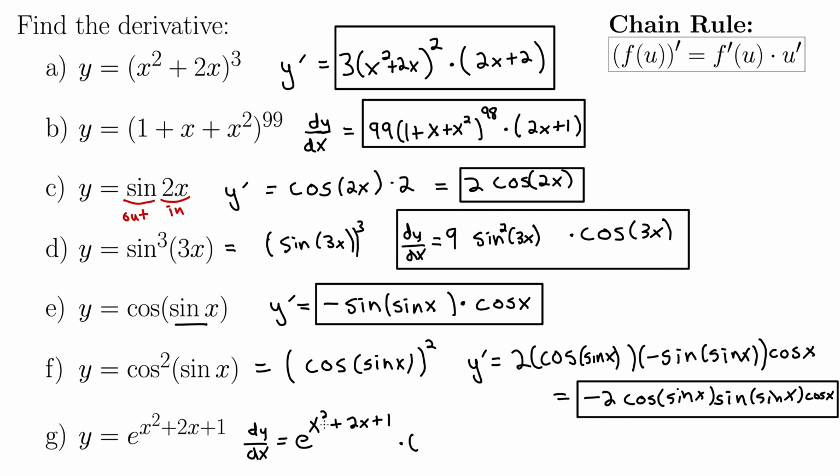The derivative of x squared plus 2x plus 1 is 2x plus 2. There we go. And now we can clean this up a little bit. Let's see, equals, maybe bring this 2x plus 2 out to the front and write that as e to the x squared plus 2x plus 1.